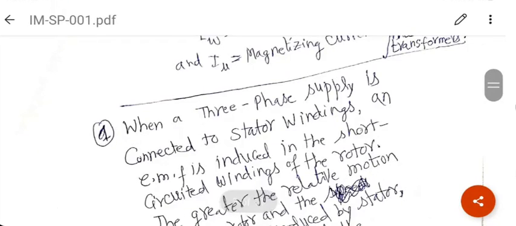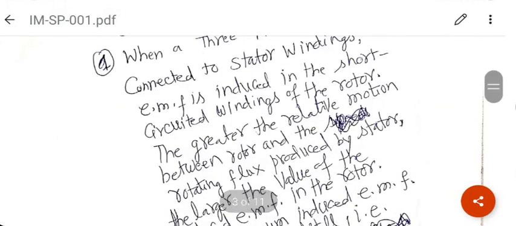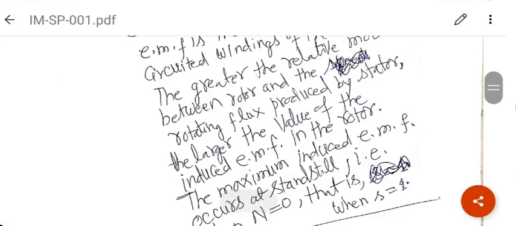When a three-phase supply is connected to stator windings and EMF is induced in the short-circuited windings of the rotor, the greater the relative motion between rotor and the rotating flux by the stator, the larger the value of the induced EMF. This is the physics of the problem.